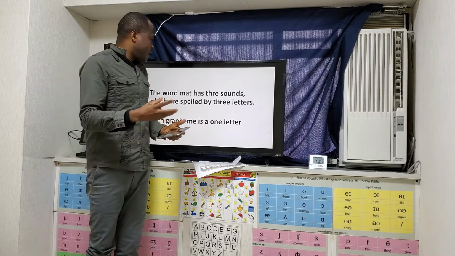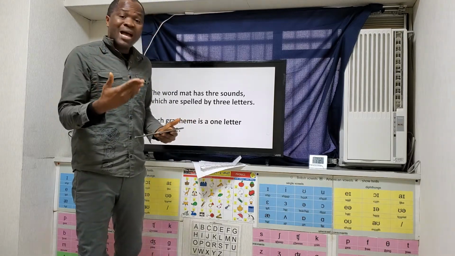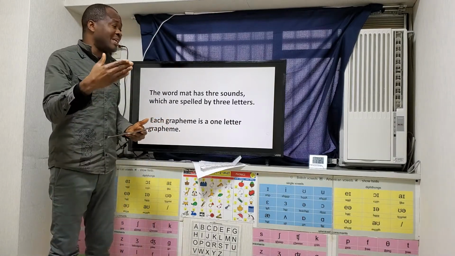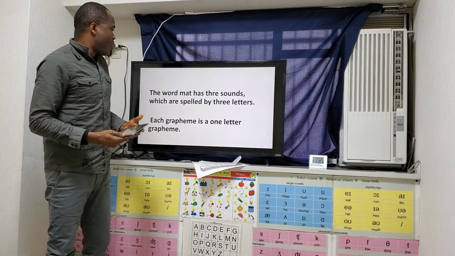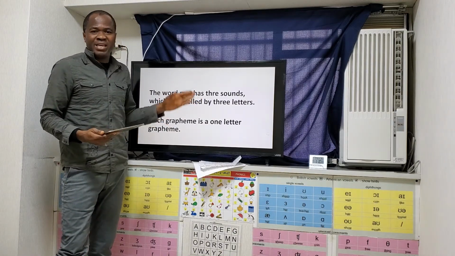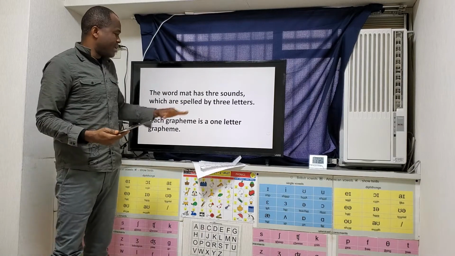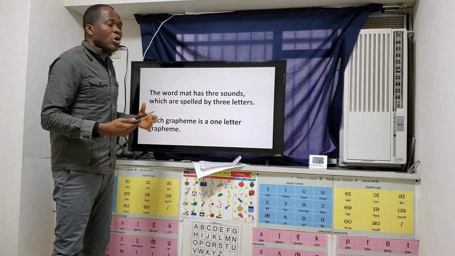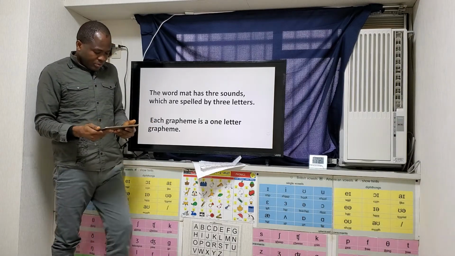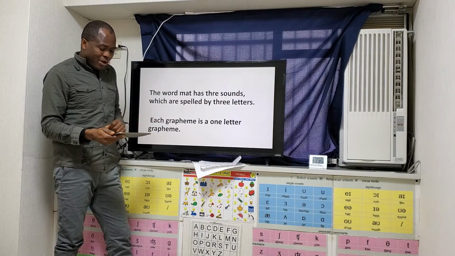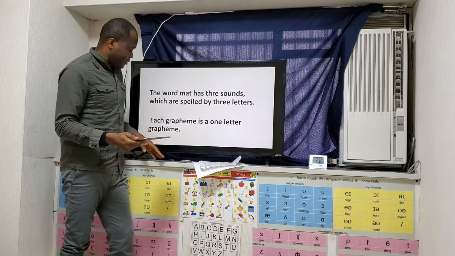When I wrote math on the digital whiteboard, we saw that we had three letters, M-A-T, and when we broke them into their sounds, we still got the three letters M-A-T. So this time they corresponded, but I will be giving you some examples which do not correspond.